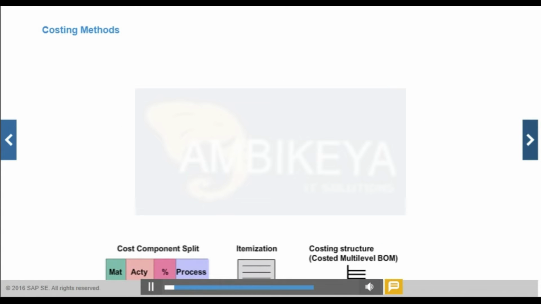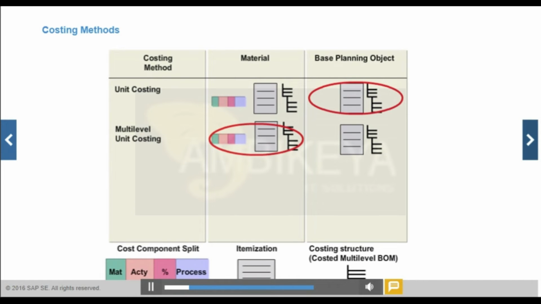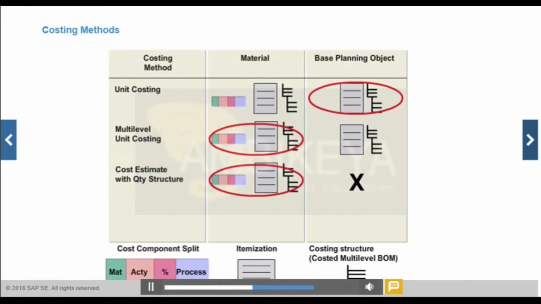The different costing methods are as follows. Unit costing and multi-level unit costing. In the early stages of the product life cycle, unit costing and multi-level unit costing are the ideal costing methods. These methods offer flexibility and efficient data maintenance. You can refine the cost estimate as more data becomes available. Cost estimate with a quantity structure.